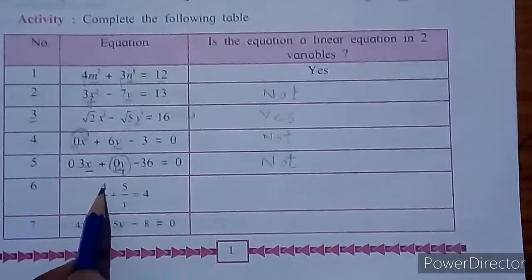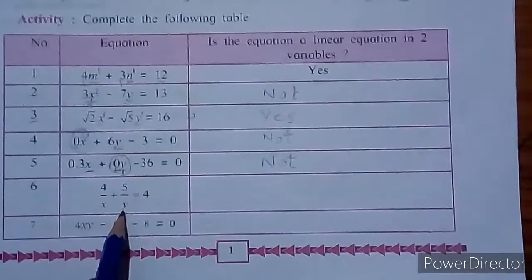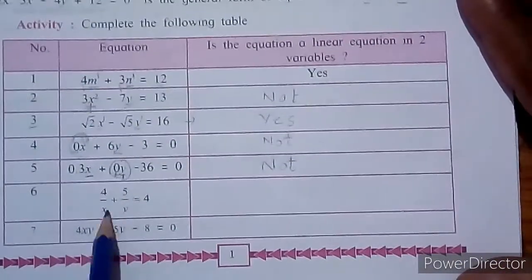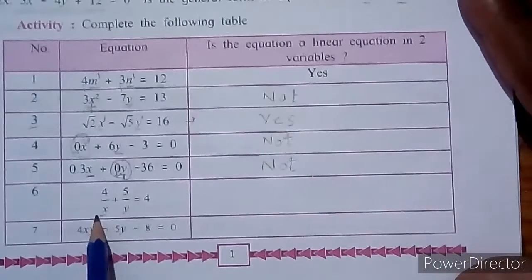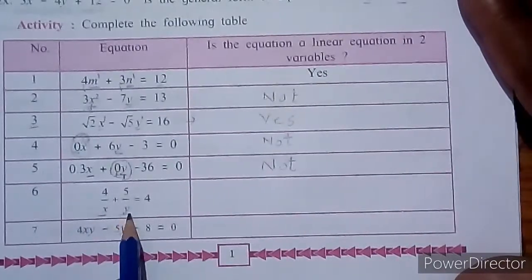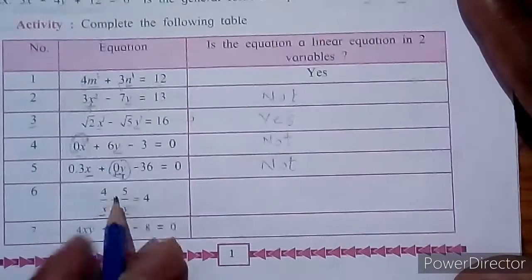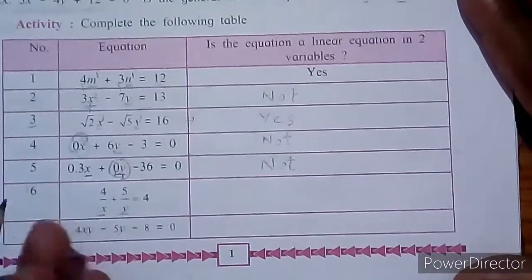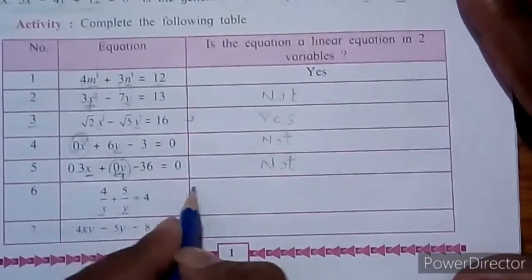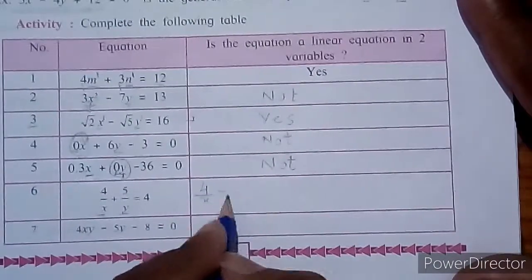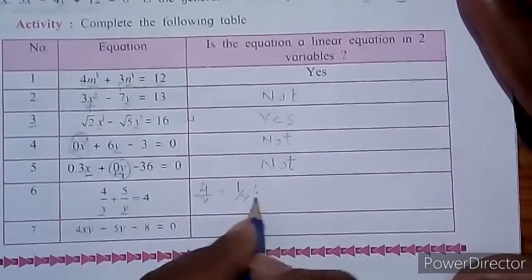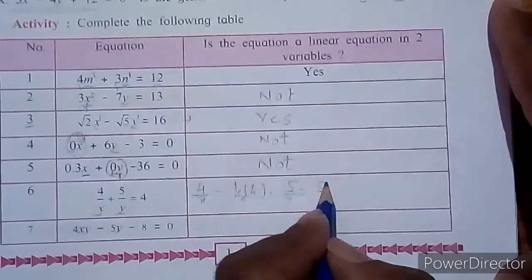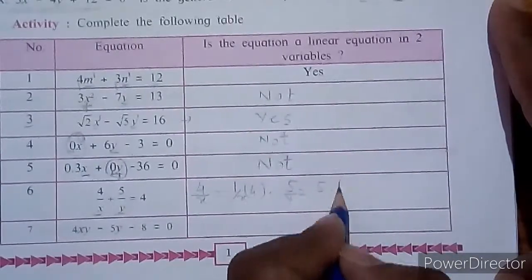Number 6, 4 divided by x plus 5 divided by y equals 4. This is also not a linear equation because the two variables are in the denominator, but it can be transformed into a linear equation by substituting the variables. Here 4 divided by x can be written as 4 into 1 by x, and 5 divided by y can also be written as 5 into 1 by y.